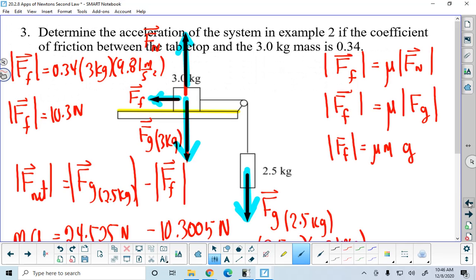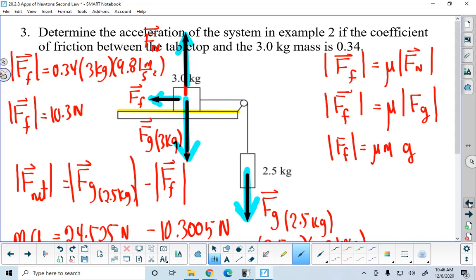Thank you. For some reason, when I did my calculation, I used 0.35 instead of 0.34. So if you use 0.34, your numbers are going to be a little bit different. But okay, I understand what I did there. But you get the idea, I hope.